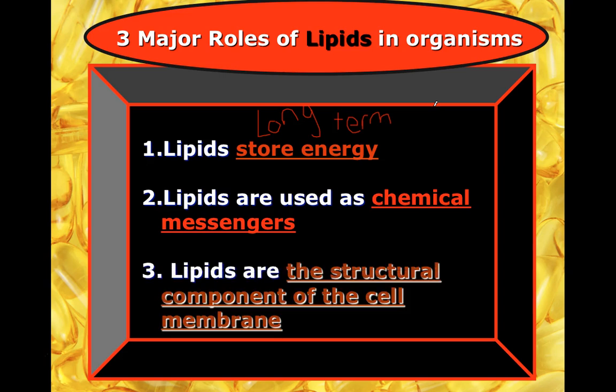And the third and major one is that lipids are the structural component of the cell membrane. We've already discussed the cell membrane, but we haven't gone into detail of what it is made up of. There are molecules we call phospholipids, which have two major portions. They have fatty acid tails, and as we stated before, fatty acids are the monomers of lipids. Those are the nonpolar, hydrophobic portion. They do not mix with water.